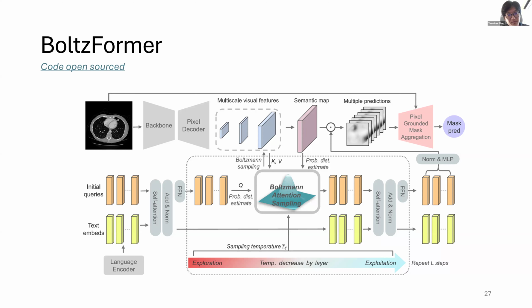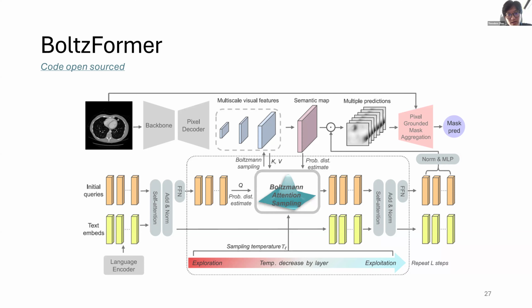Because in the early layers, the probability estimation of the model is very crappy, you never know where you should focus, so you just explore. You just sample different parts of the image to gain information. Towards the later part of the model, we lower the temperature such that the model now has a better estimation of the probability distribution.